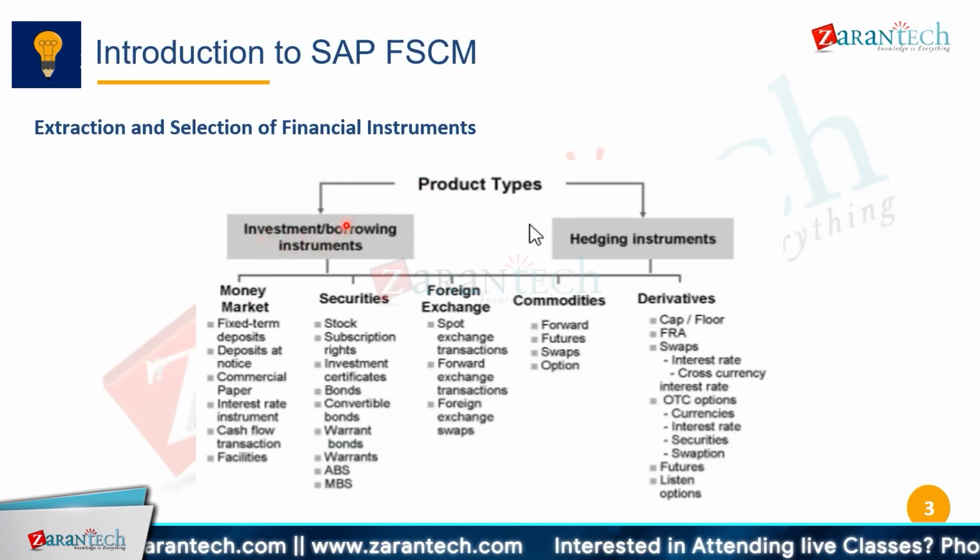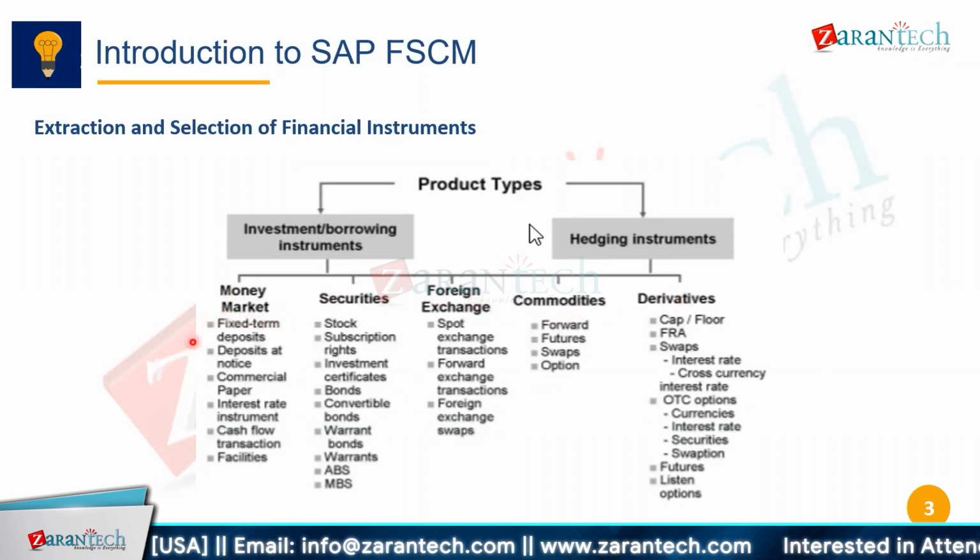Here we manage the investment and borrowing, and also hedge accounting, if applicable to the company, that is also possible. These are, you can say, product categories or groups, where SAP has grouped the products based on their nature: money market, securities, foreign exchange, commodities, and derivatives.